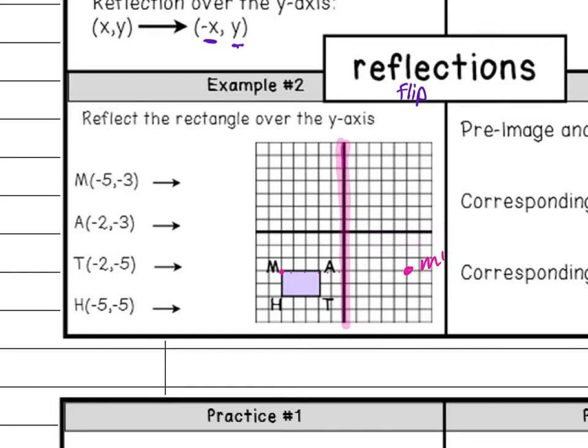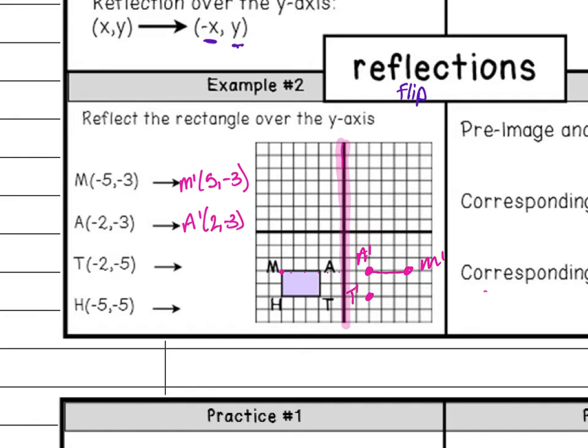Okay, so I've got M prime, which is, what is M prime? I think that's 5, -3. Okay. And A is 2 away, so 1, 2. So A prime is going to be 2, -3. And T is 2 away, so 1, 2.